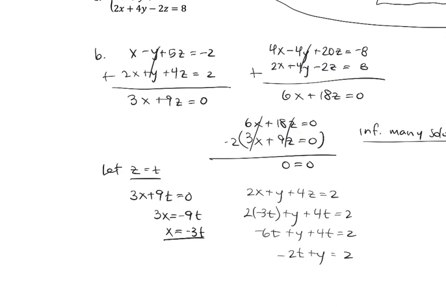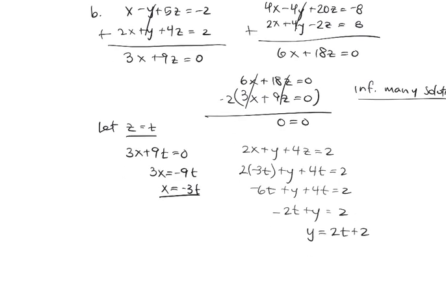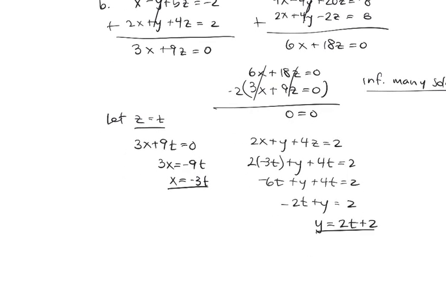Combine the -6 and 4 to make -2, add the 2t over, so we have y equals positive 2t plus 2. So now we have the values of x, y, and z. X is -3t, y is 2t plus 2, and z is t.